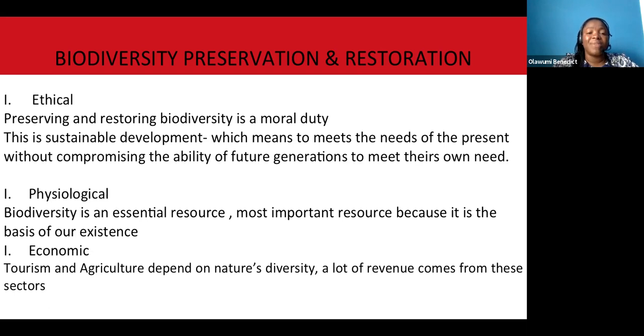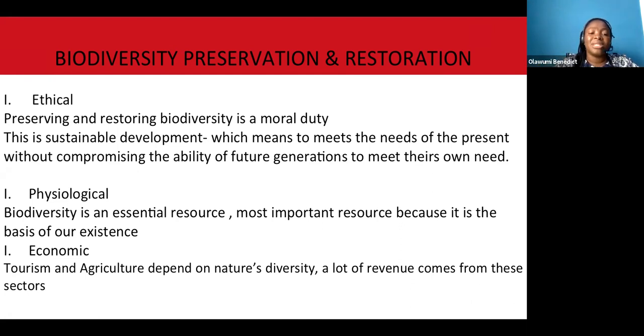Because preserving and restoring biodiversity is a moral duty, something that we should do. We shouldn't kill something because we want something. We shouldn't destroy something because we want something else. So we should be able to manage the situation very well, whereby we do not destroy the immediate environment, because we need to preserve them for the future generations to come.